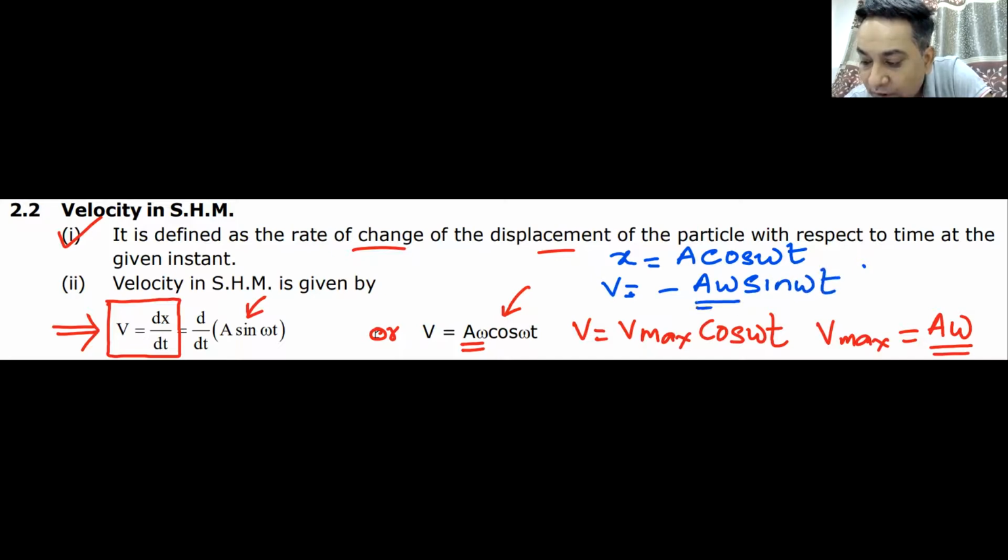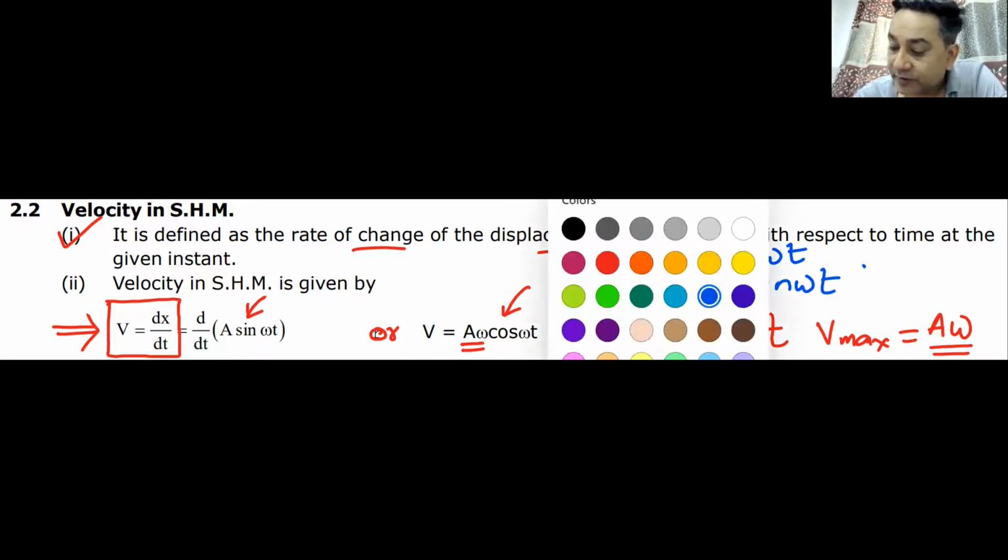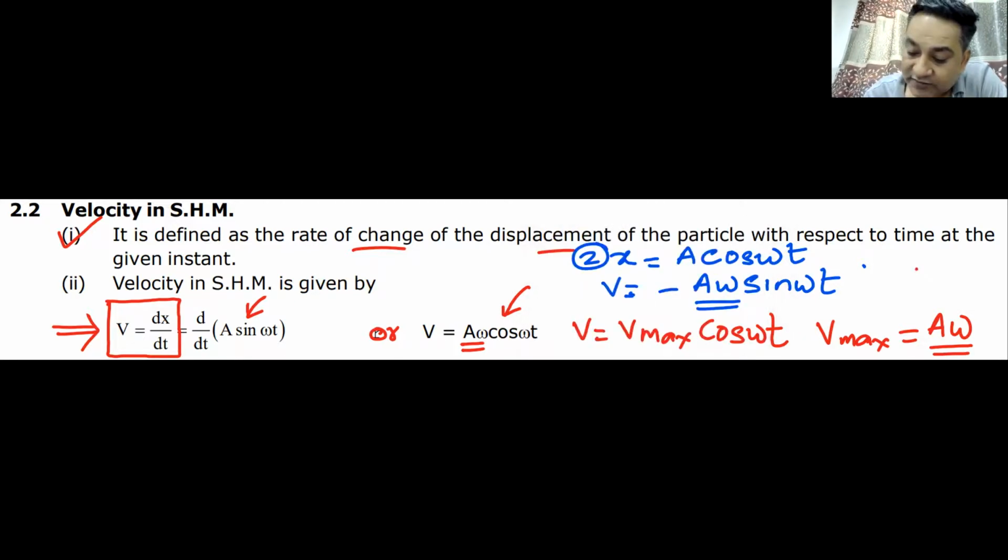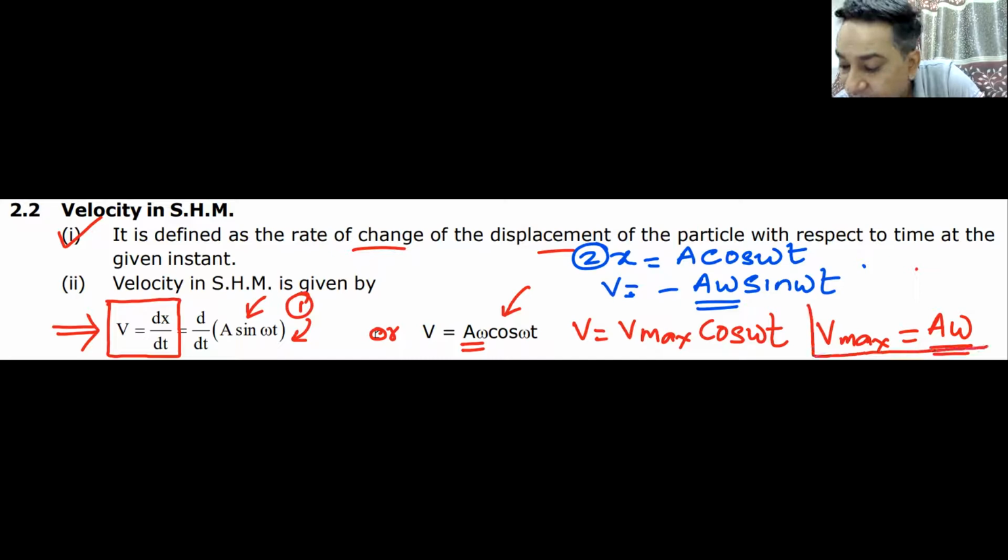Here also a omega will be equal to v max, but the derivative of cos becomes sin. So if the equation is equation number 2, the derivative becomes minus a omega sin omega t. If the equation is equation number 1, the derivative becomes a omega cos omega t. In both equations, v max, the maximum velocity, is a omega. Do we understand this?